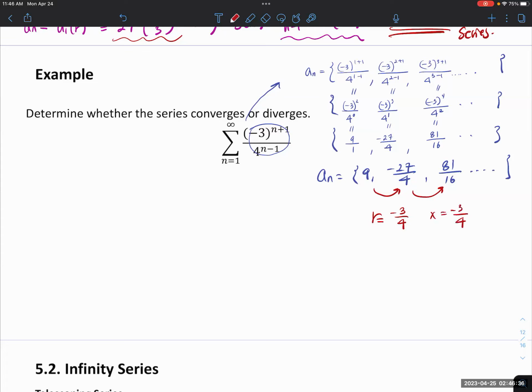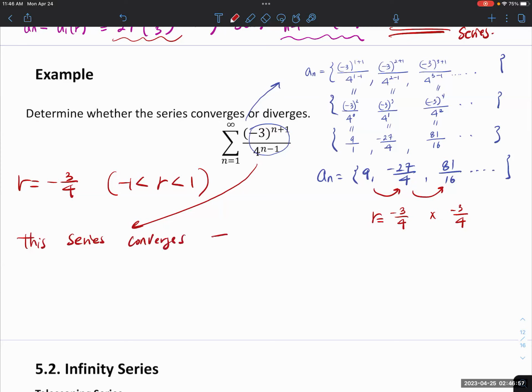So we found out the r is going to be -3 over 4. This is between -1 and 1. So we automatically know this series converges. Where does it converge? You need to find out that number.